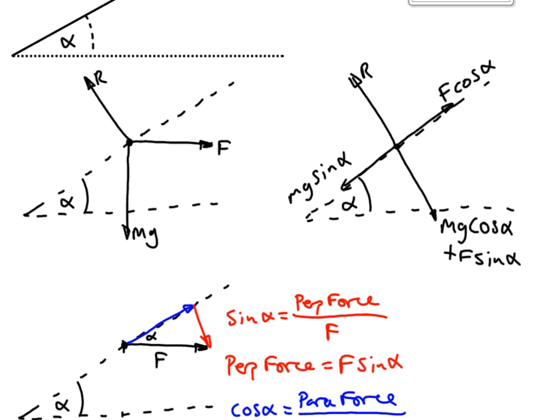What is interesting here is that since the normal reaction force and mg cos alpha plus F sine alpha are acting opposite to each other, and it's in equilibrium perpendicular to the plane, the normal reaction force is no longer just going to be mg cos alpha. It's going to be greater than that. It's going to be mg cos alpha plus F sine alpha.